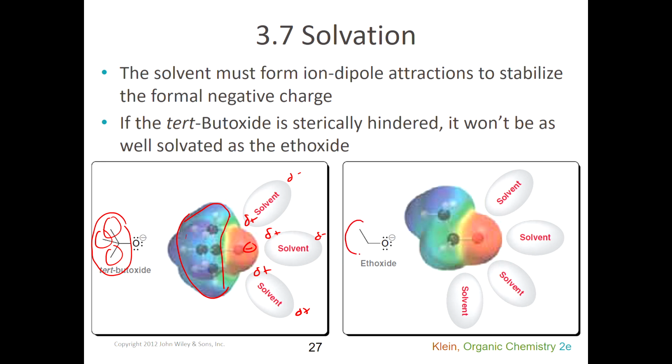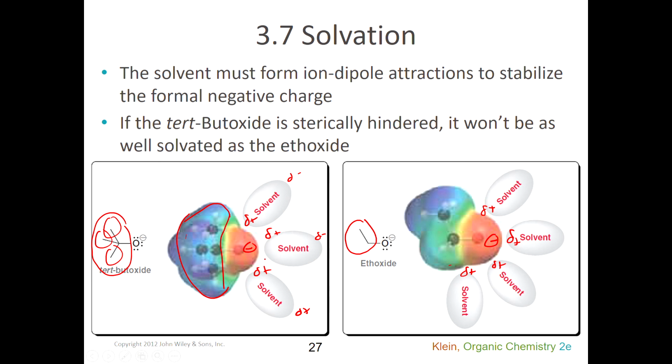If I have a smaller electron cloud, I can fit more solvent molecules with partial charges around the negative charged oxygen to form more attraction. So even though these two are in the same solvent, the sterics or crowding associated with the more bulky molecule prevents the solvent from as effectively attracting to that negative.